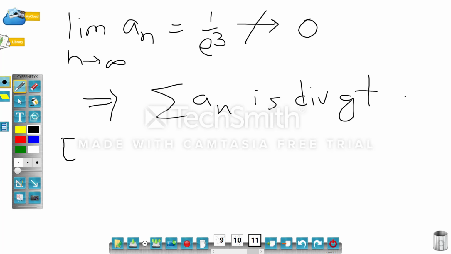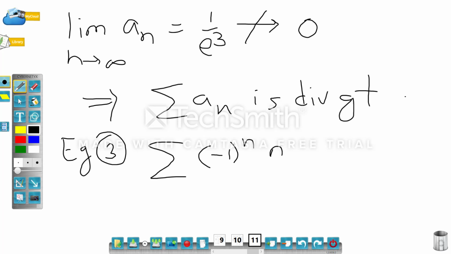Example number 3: check the convergence of the series (-1) raised to n, n cube upon 5 raised to n. So again we could see that a_n is straight away (-1) raised to n, n cube upon 5 raised to n.